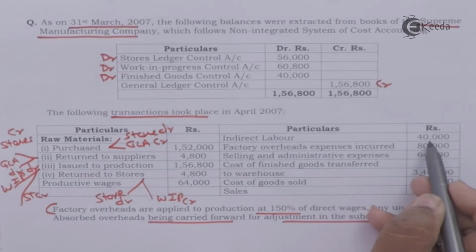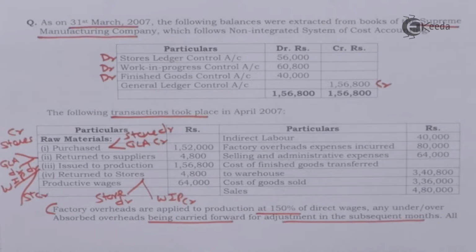64,000. Indirect labor 40,000. It will be treated as factory overheads, debited to factory overheads control account, credited to wage control account.